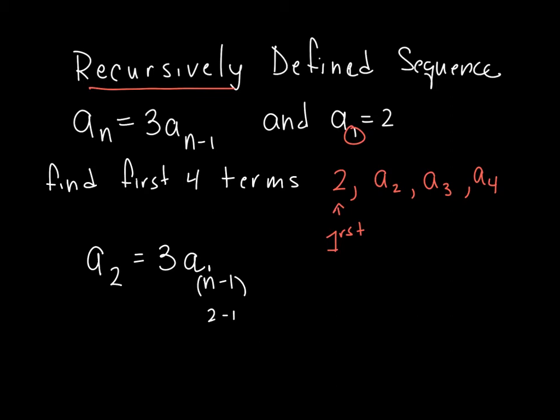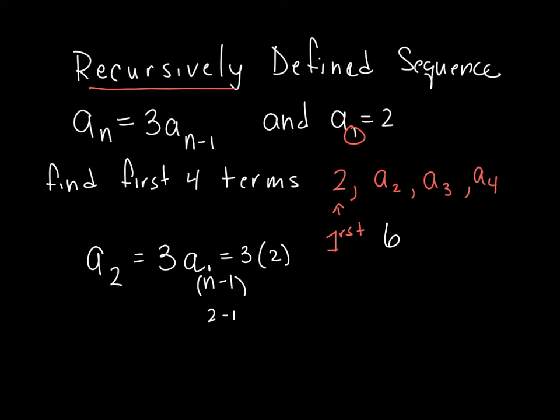So you are relying upon the previous term to find this. So A2 is just equal to 3 times A1, and A1 is 2. So that tells me A2 is 6.